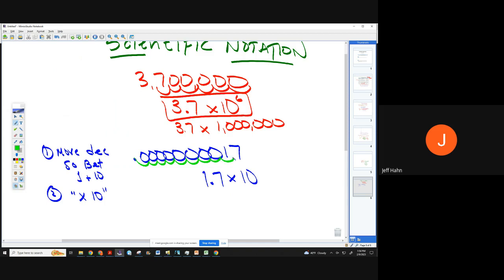However, maybe you can make the deductive leap. It's not going to be 9, it's going to be negative 9. Okay, your exponent will be negative if it is a decimal number.